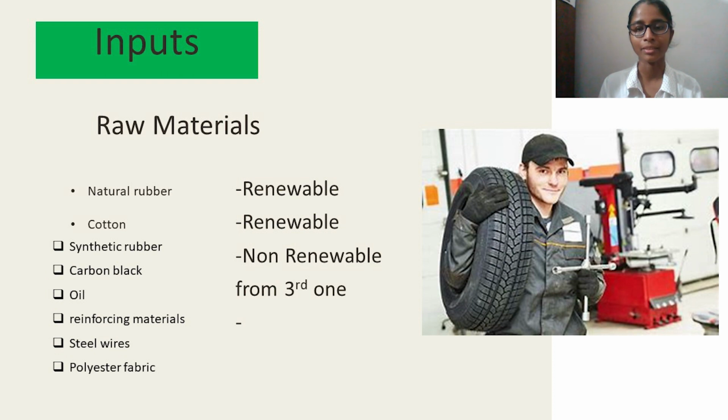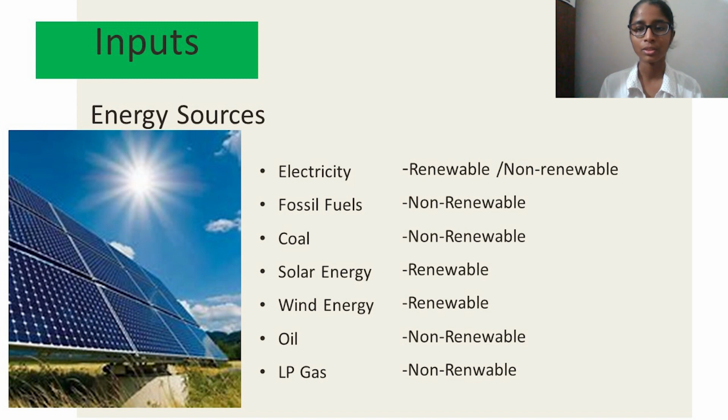In the next slide, you can see the raw materials used in this process. And after that, these are the energy sources used in this process: electricity, fossil fuels, coal, solar energy, wind energy, oil, and LP gas.